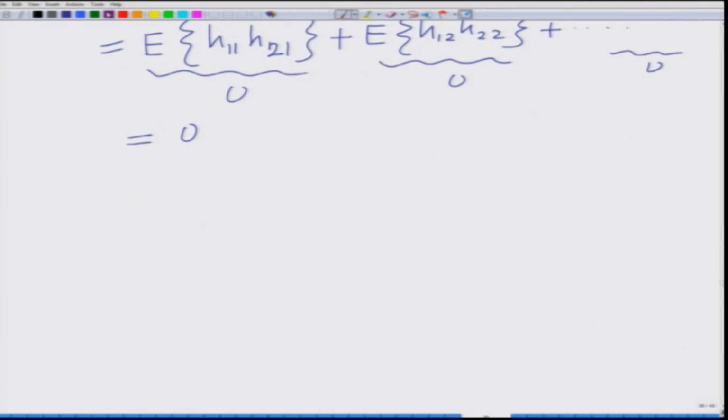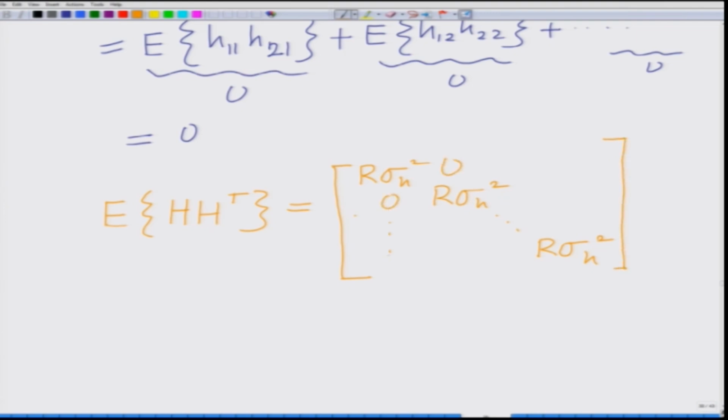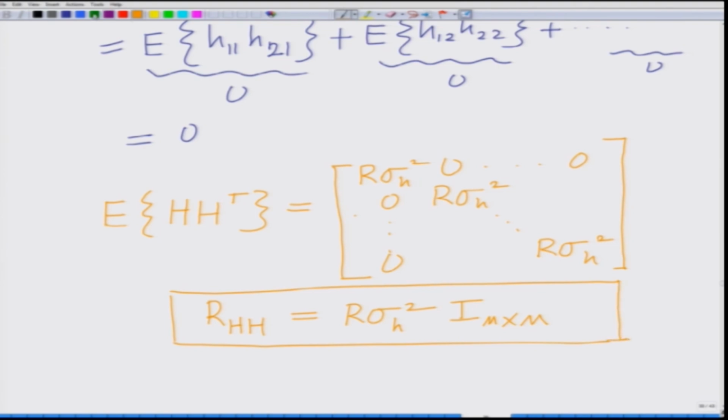Therefore, we now have a nice expression: expected value of H transpose H is the matrix with R sigma H square on the diagonal and 0 off the diagonal, that is, it has the structure R sigma H square times the identity matrix, M cross M. This is your R_HH, the covariance matrix of your channel.